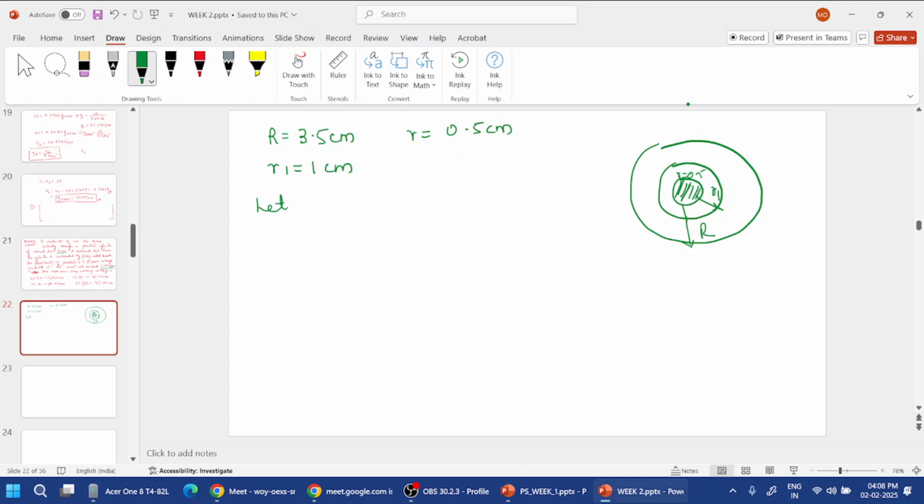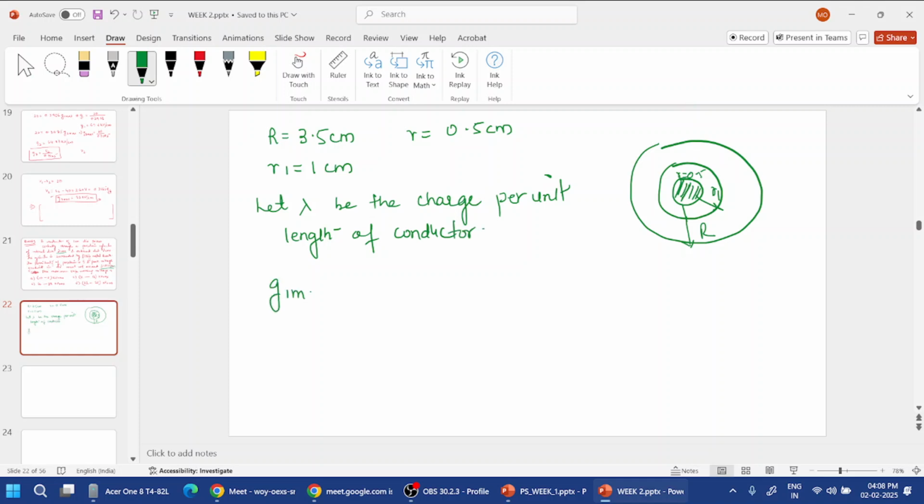Let lambda be the charge per unit length of the conductor.